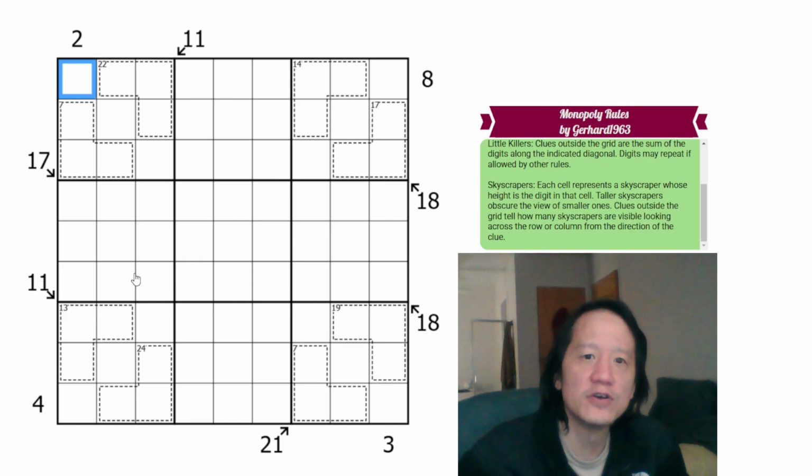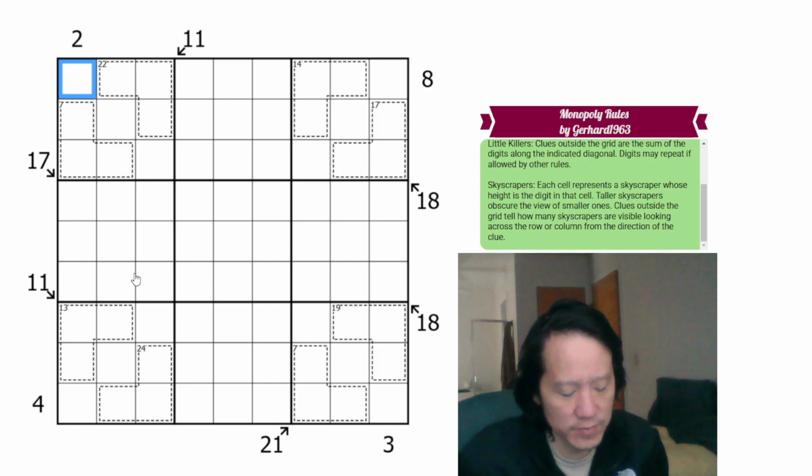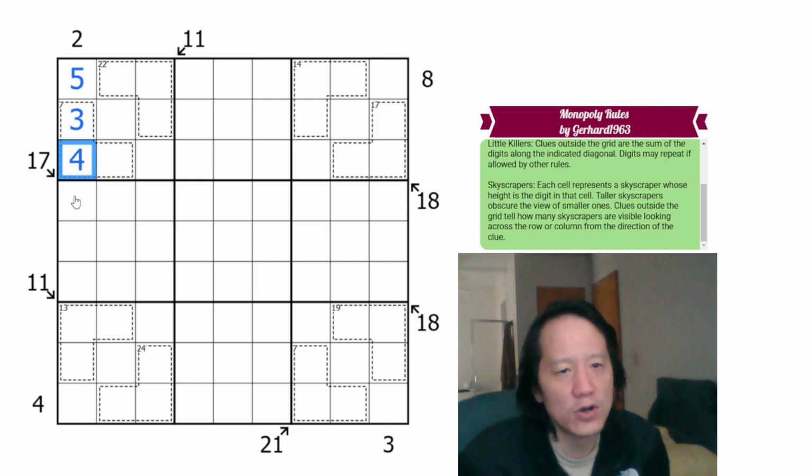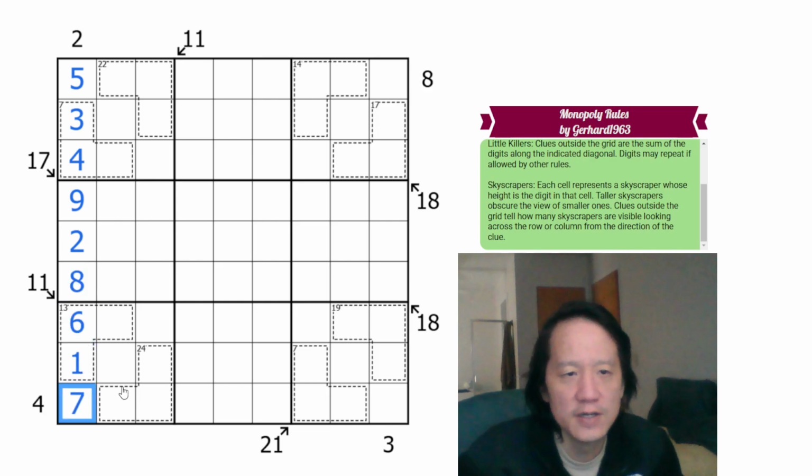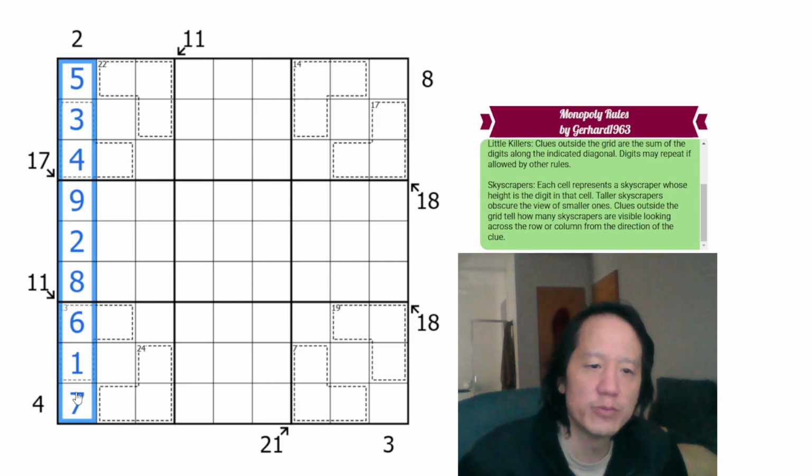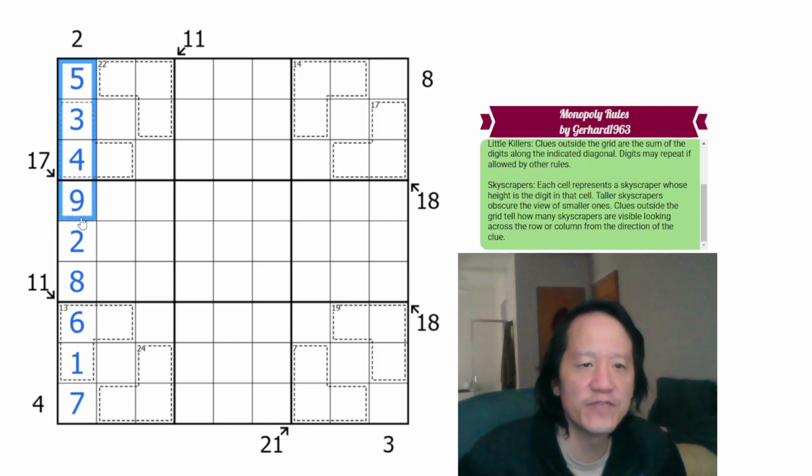Not sure if I can give a good example. Well, okay, so let me try. For this 2 skyscraper clue, let's say we had a 5, 3, 4, and 9, and then, I don't know, 2, 8, 6, 1, 7. This is a valid column that satisfies this skyscraper clue because it sees the 5, but it cannot see the 3 or the 4 because the 5 is blocking them.